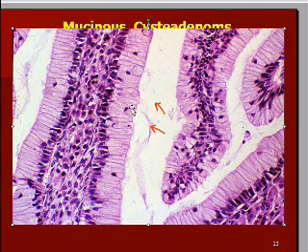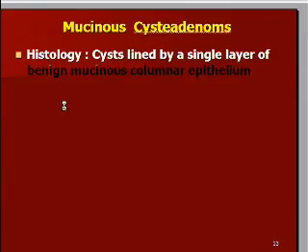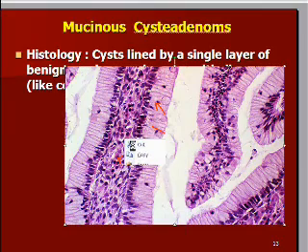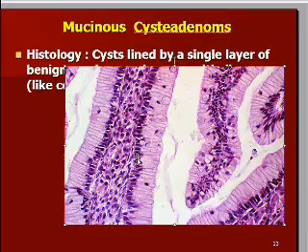I am trying to focus here. All these cells are goblet cells. They produce a huge amount of mucin, and if you look at this epithelium, they have one single lining of epithelial cells. So this is a mucinous cyst adenoma. In this particular case, it is a cystic tumor, so simply we can call it a benign tumor.